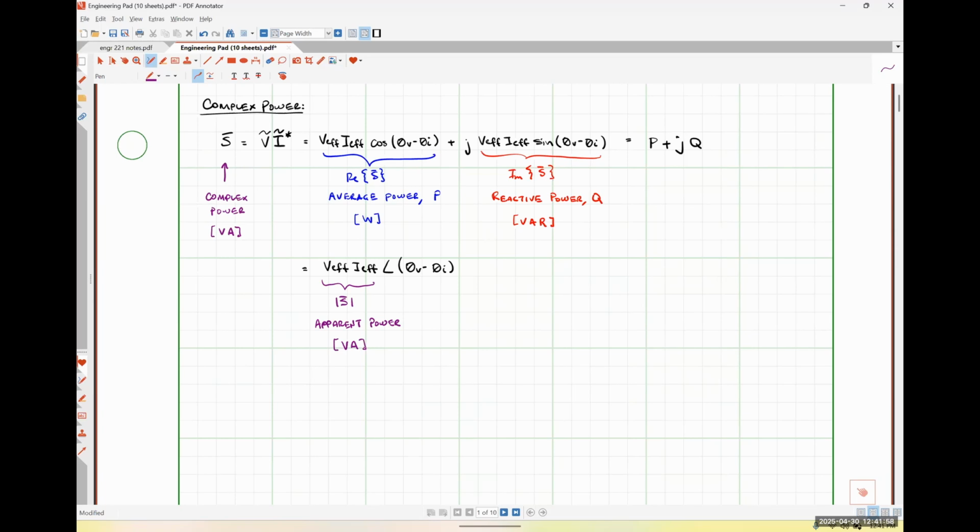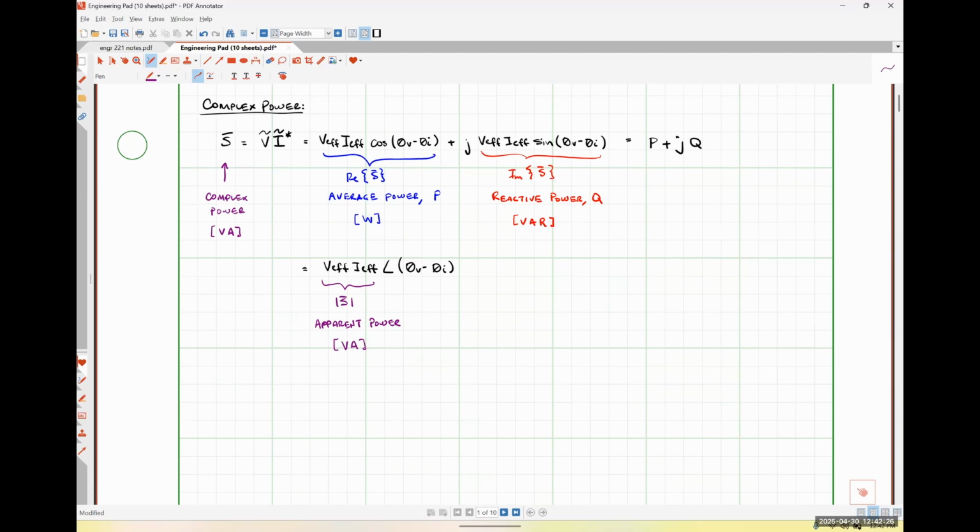So the easiest way to know whether you're dealing with complex power or apparent power is whether or not you have any phase angle that's given to you, right? If there's no phase angle or there's no delineation between real and imaginary parts, you are dealing with the apparent power. The apparent power is the figure of merit that most electrical systems are designed from, okay?